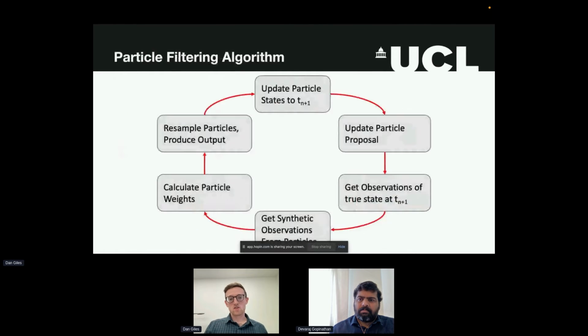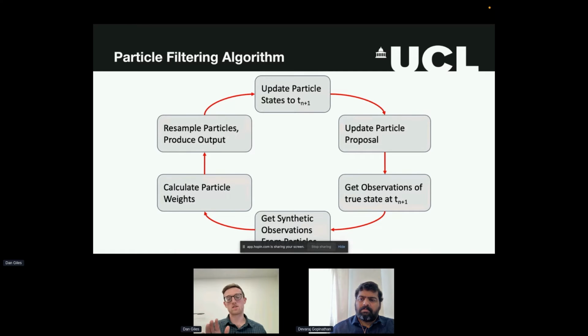So just to recast your mind back into what the particle filter algorithm does and how we're going to actually parallelize this. In most of these steps, we can run this in complete parallel. We can update the particle states in parallel. They're completely independent tasks: particle proposals, getting the synthetic observations, and even calculating the weights.